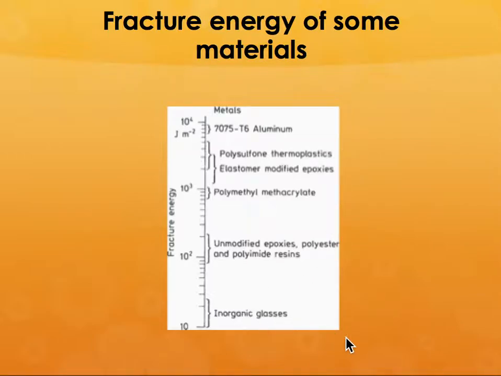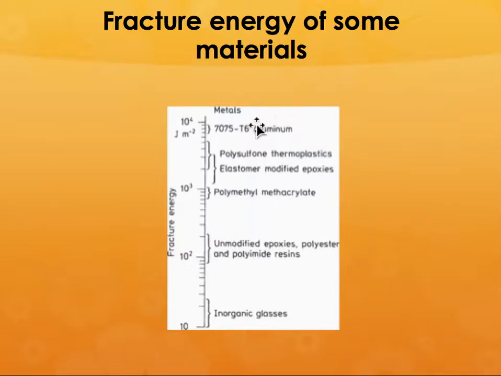If you look at inorganic glasses, that is pretty small, but epoxies, polyesters, and polyimide resins are slightly better than glasses. But polysulfones, elastomers, etc., are pretty good compared to the epoxies.